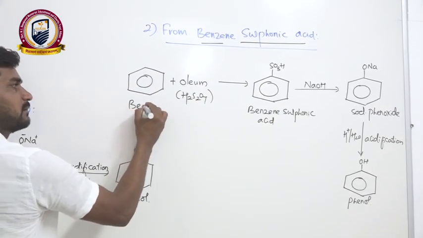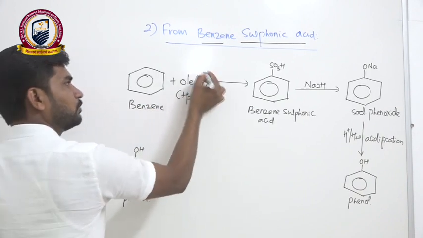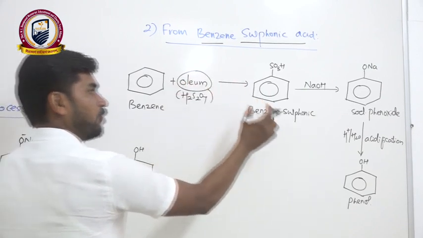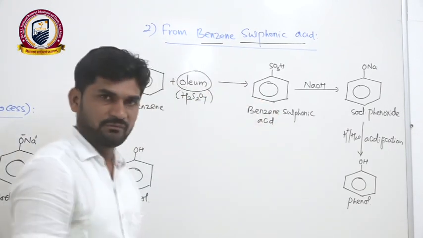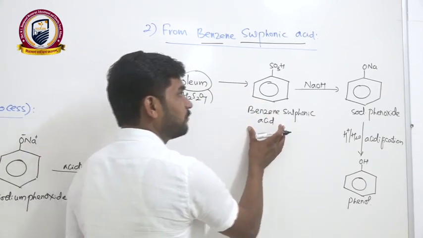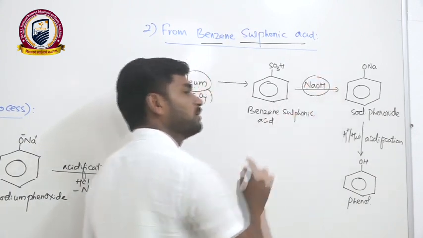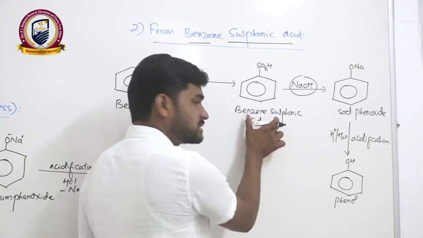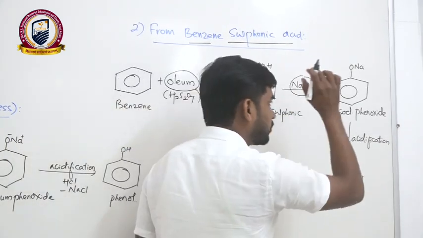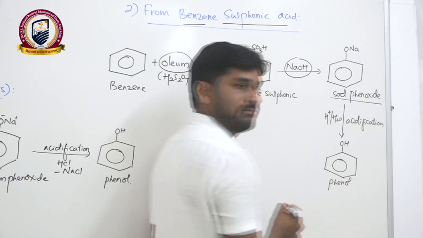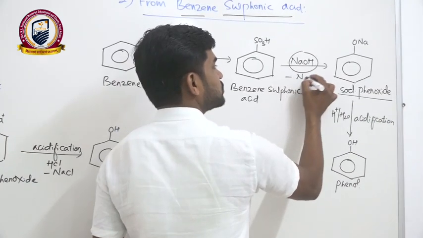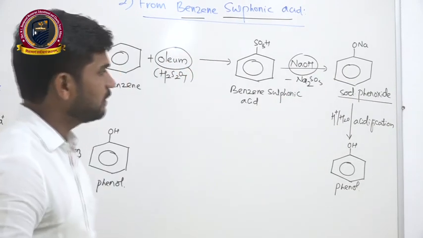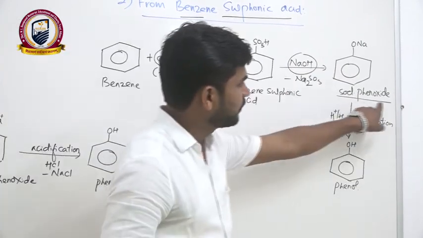Benzene on treatment with oleum forms benzene sulfonic acid. This benzene sulfonic acid on treatment with excess of sodium hydroxide forms sodium phenoxide, with the elimination of sodium sulfite, Na2SO3.